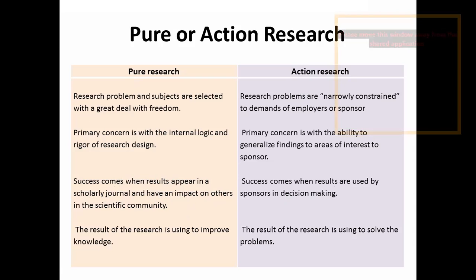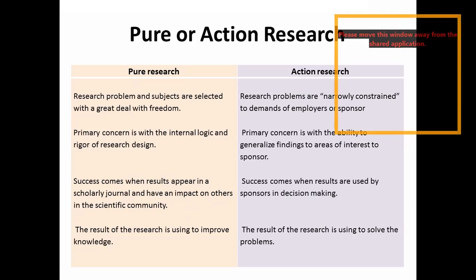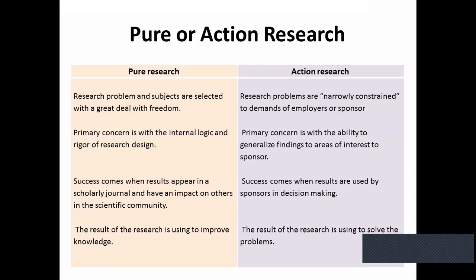For example, you want to conduct research like: does tuition fee affect school enrollment? You want to know if you increase the price of the school fee, whether the parents still want their children to study with you or not. So that's why you can do this action research.